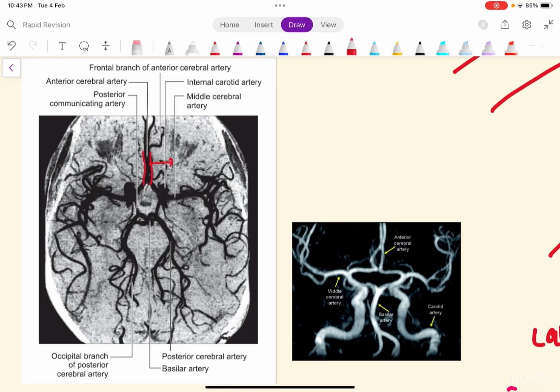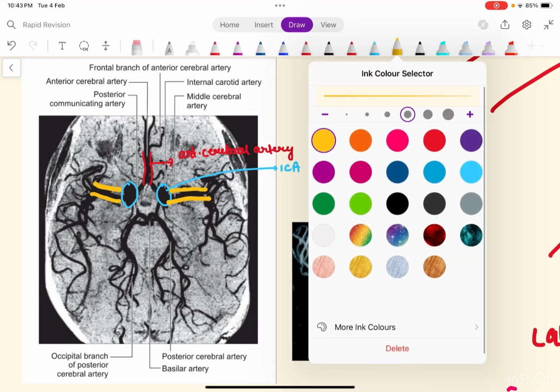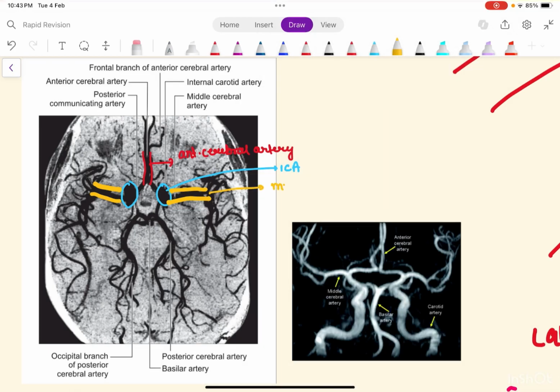So first of all, observe this. All right, so this is our anterior cerebral artery. Okay, then observe this one. All right, so this is our internal carotid artery. So obviously after internal carotid artery, here we will have middle cerebral artery.